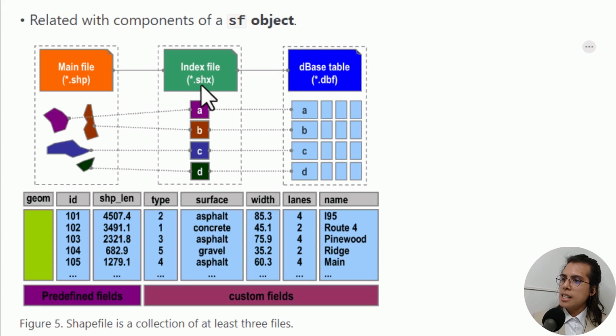The .shx is an index file that allows us to relate the geometries with the data frame that contains the attributes of all the rows, and is related with the .dbf file available in the shapefile folder.